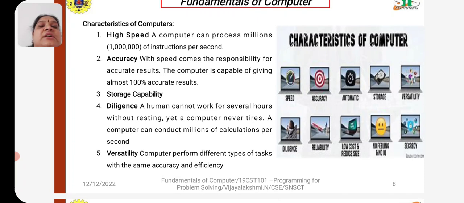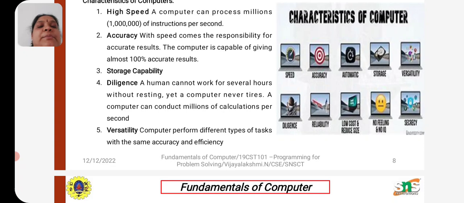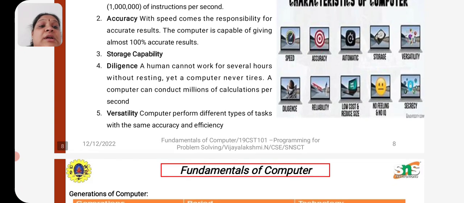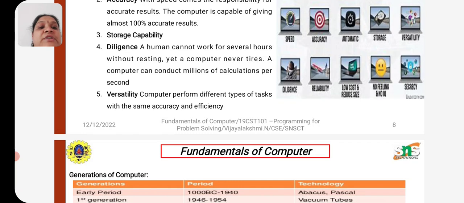Accuracy means that if you compare with a human, there is a possibility of errors happening, but that does not happen with the help of the computer. Storage capability is also more as compared to humans. And diligence: humans cannot work for several hours, but the computer can work. It won't get tired. And versatile: it can perform different types of tasks.